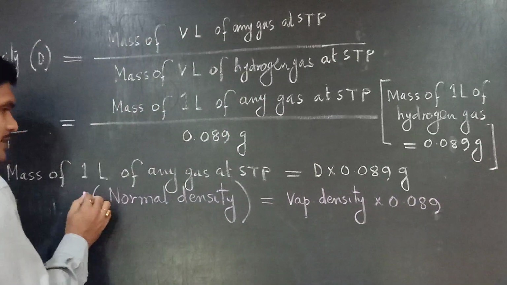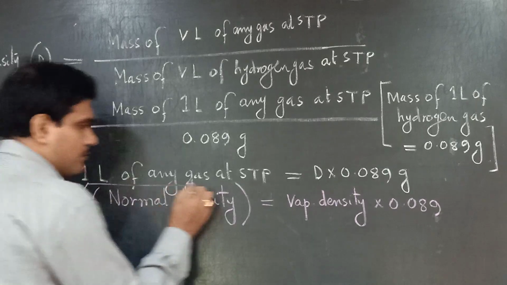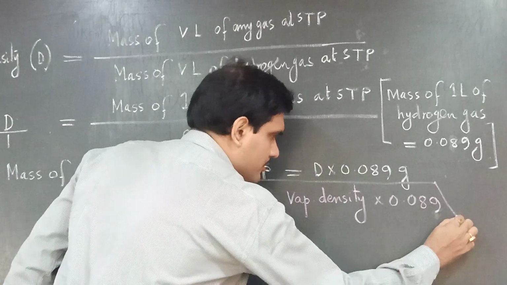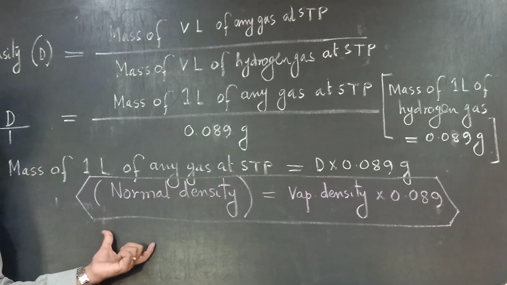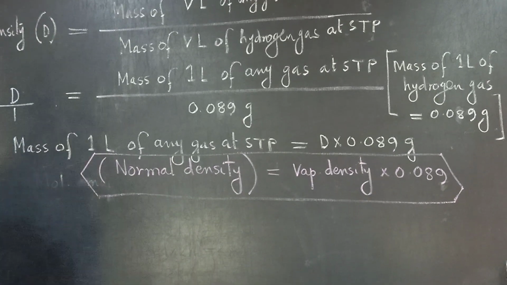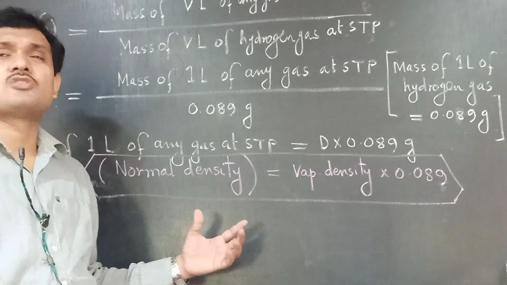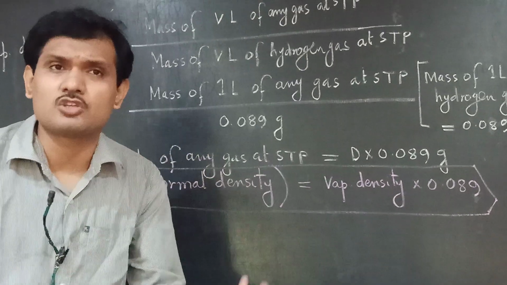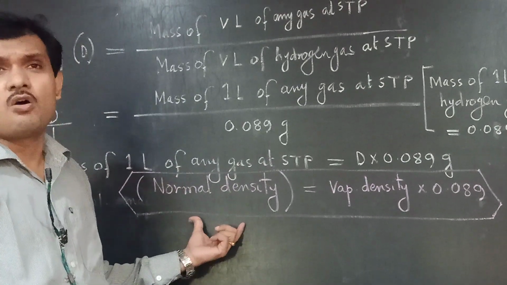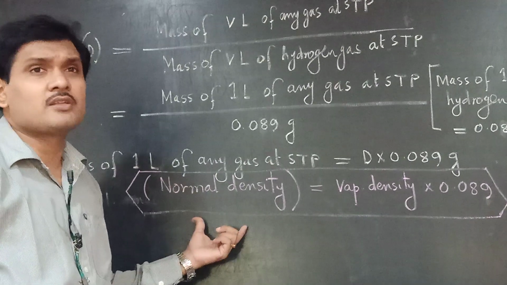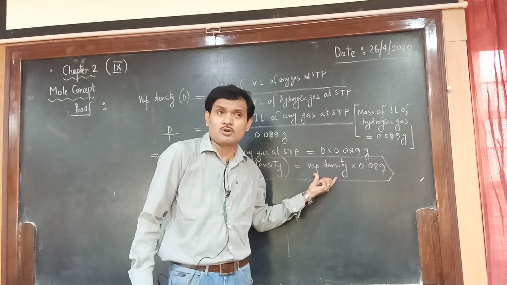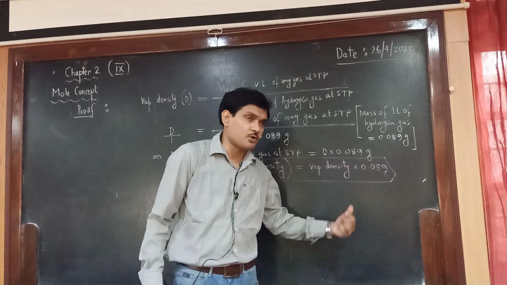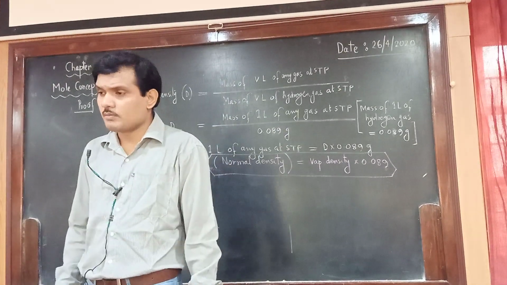Keep this relation in mind: if asked for the normal density of oxygen gas, find the vapor density of oxygen, that is 16, and multiply it by 0.089. We will get the normal density.